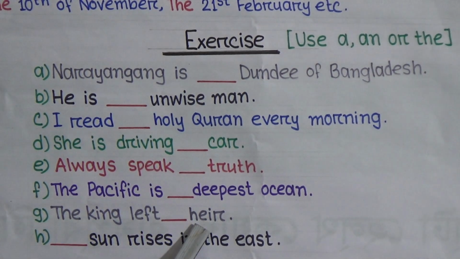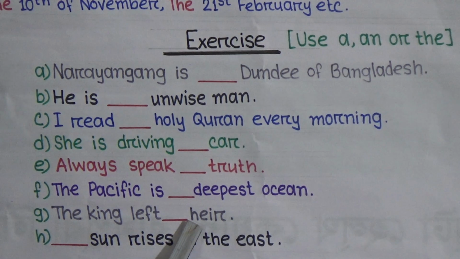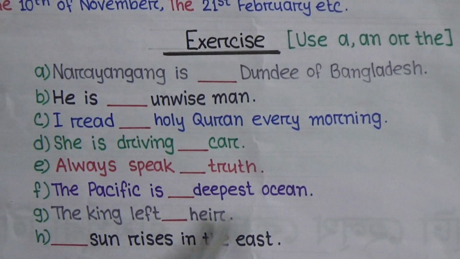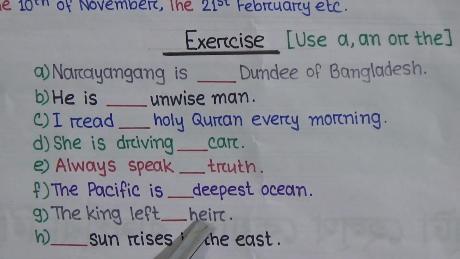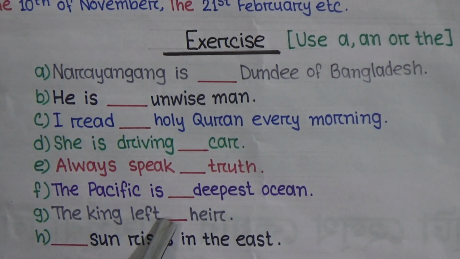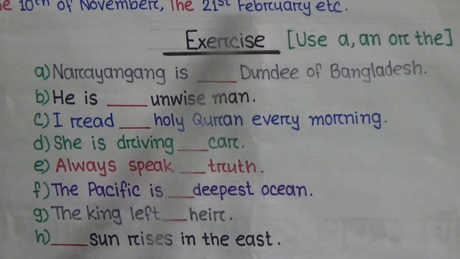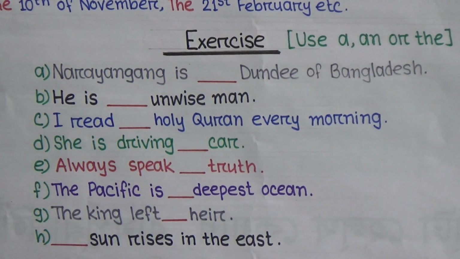And look, the word H-E-I-R, the pronunciation is air. H must be in silent position. So based on the pronunciation, you have to use article in number G. So students, I hope you can understand how you have to write in the gaps, and you can take help from your lecture 5 and today's lecture while doing this exercise.